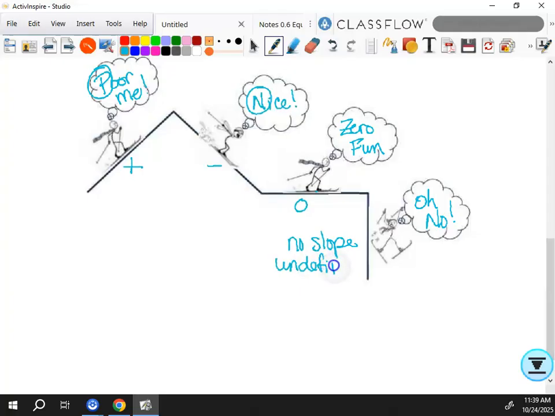And I want you to really think about the differences here, that here he can still ski. There's ground there. The slope is just zero. It doesn't slope one way or the other. Here, there is literally nothing. He can't, it's completely undefined. There's nothing at all. So there's a difference between zero and no slope, okay?